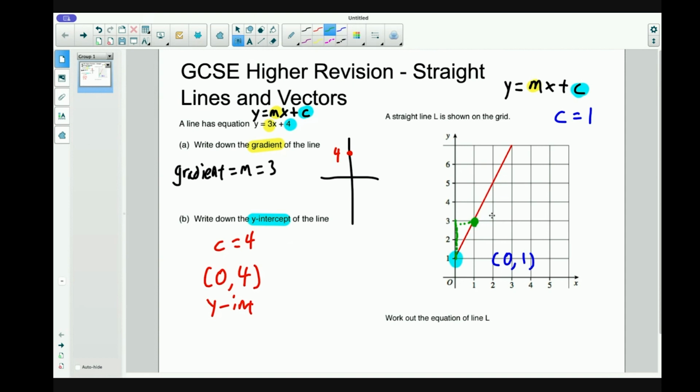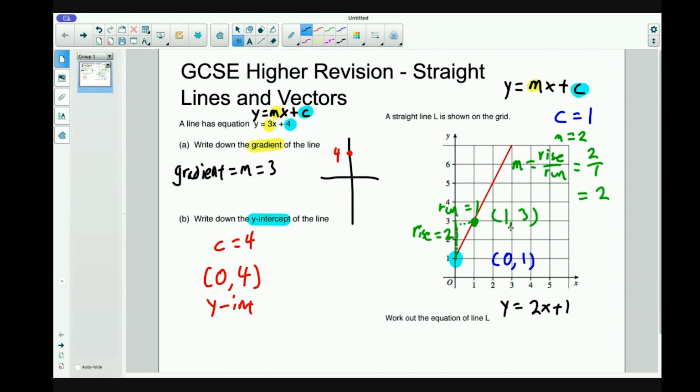My next point is going to be at (1, 3). Once again, my rise is equal to positive 2 because I've gone up 2, and my run is a positive 1 because I moved across 1. Since gradient is equal to rise over run, I have 2 over 1, which is really just 2. So my m value is equal to 2, and we can write our equation of line L as y is equal to 2x plus 1.